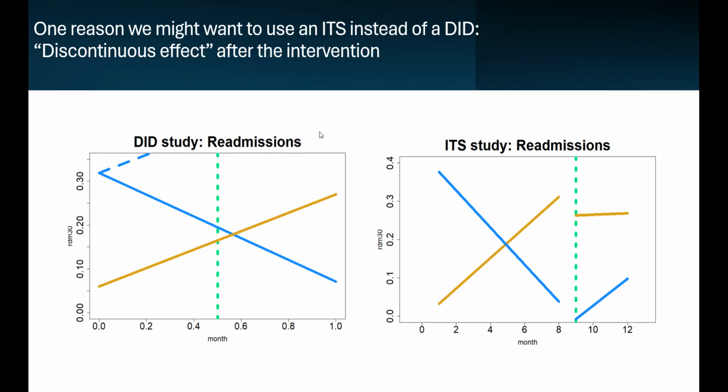On the left, how we can model that data is that we have in blue the effect for our treatment group. In gold, we have the control group trend. And when we look at the results, we see a significant difference where our treatment group shows a reduction in 30-day readmissions.